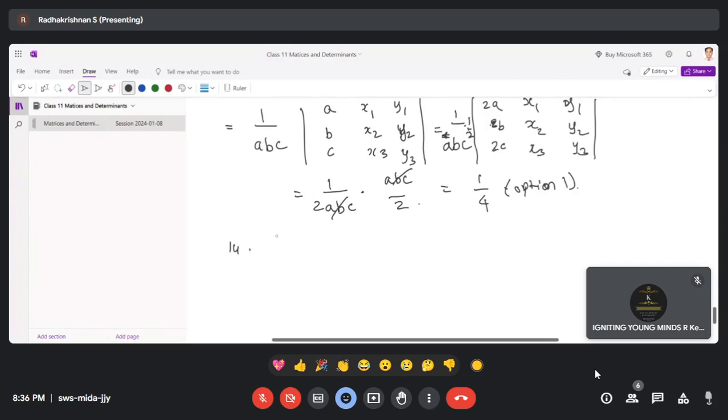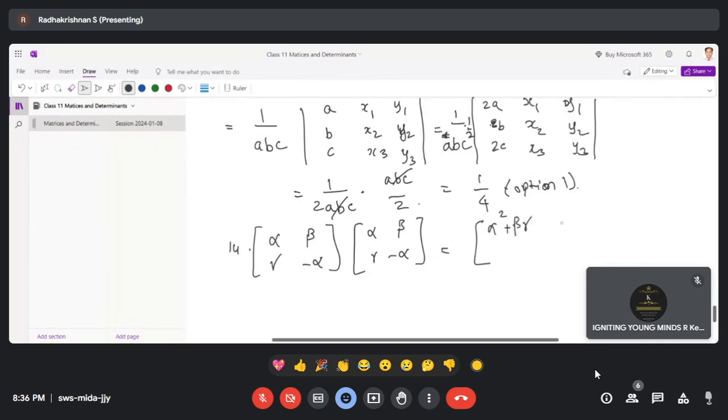Alpha, beta, gamma, minus alpha. Let us square it. We're getting alpha square plus beta gamma.